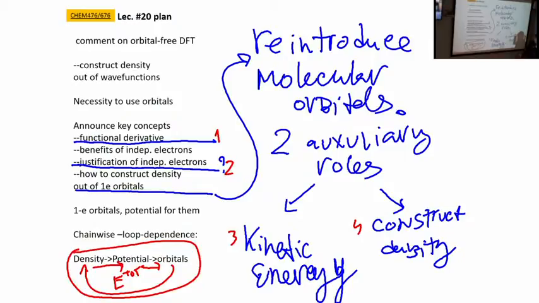In addition to total energy, we will introduce potential somewhere in the middle, and we will introduce orbitals for kinetic energies. But all of them together will allow us to generate density, and then we will cycle it in a loop in the same way as we did for Hartree-Fock theory.